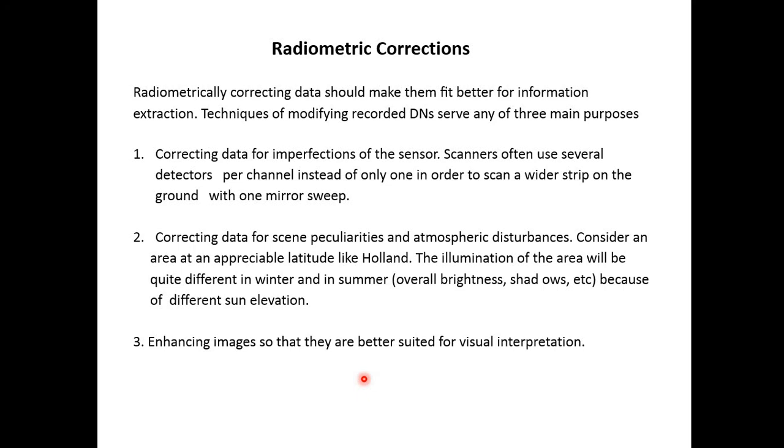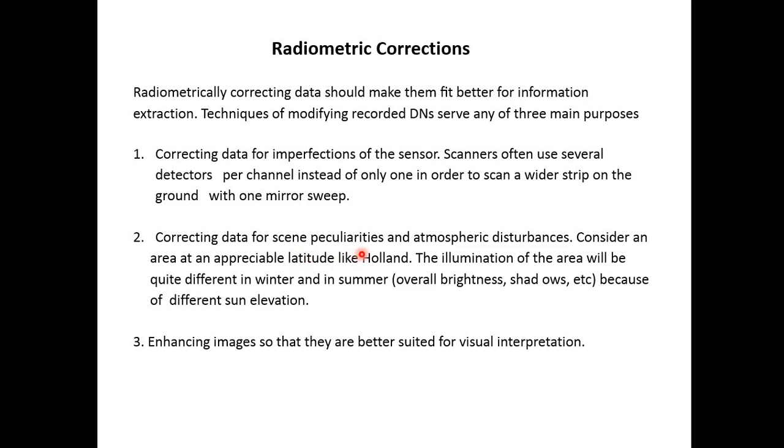So radiometric corrections can be used to make data better fit for information extraction, like correcting data for imperfection of the sensor. A sensor often uses several detectors, and if detectors are not functioning properly, you can use the corrections.